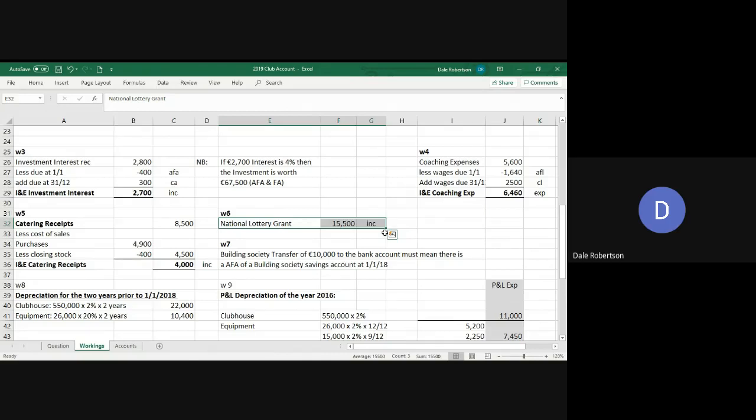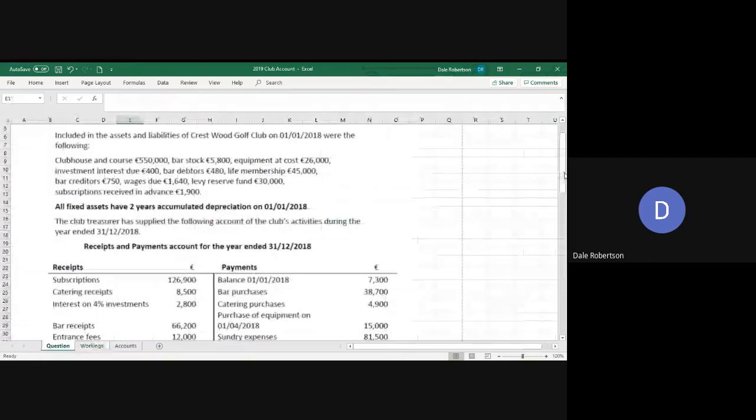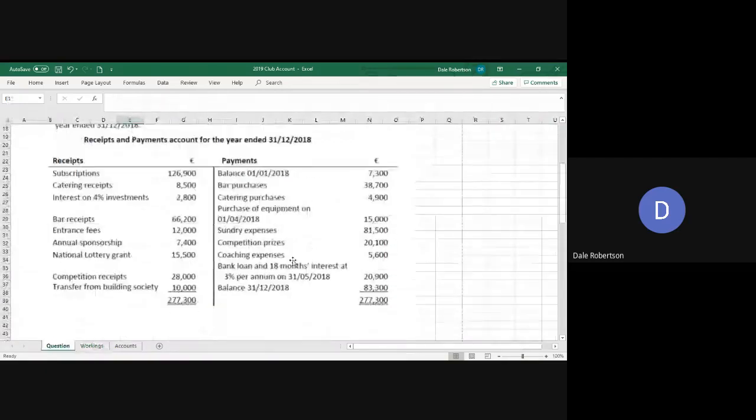Then we go on to working 7. I've put in one interesting and tricky little bit. I'm going to refer you in the question to here for a moment. Do you see this here where it says transfer from building society of 10,000 euro? That is money which has been taken during the year from the building society and put into the debit side of the bank account.